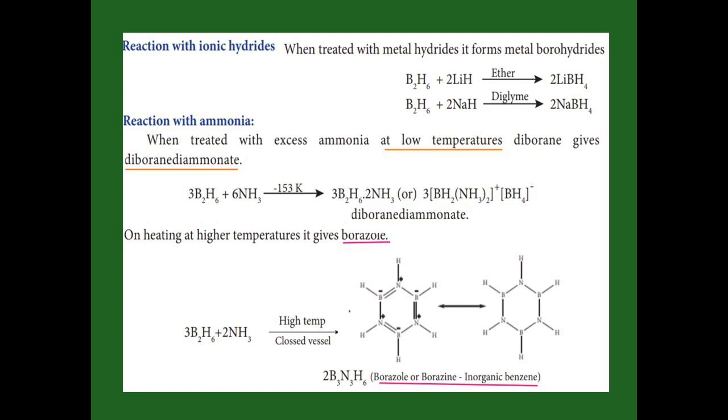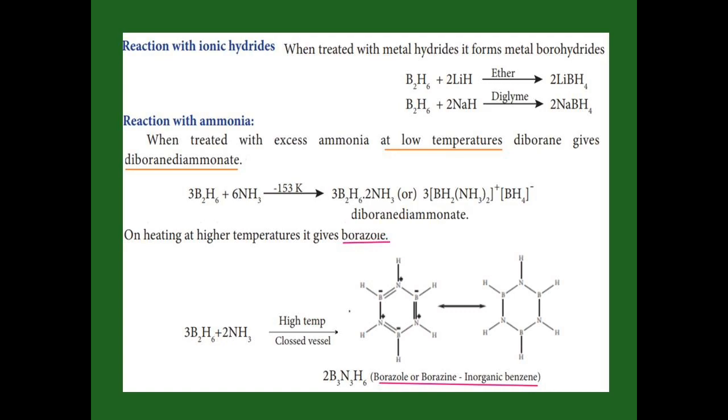When diborane reacts with ammonia at high temperature, it gives borazol. Then 3 moles of diborane and 2 moles of ammonia, at high temperature in a closed vessel, give that borazol or borazine. It is given in the structure form. In the structure, you see that 3 borons are alternately present along with 3 nitrogens.